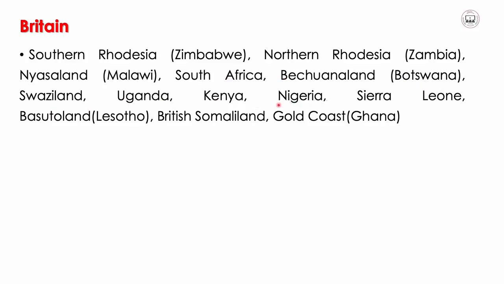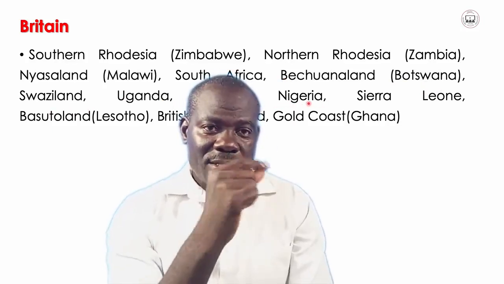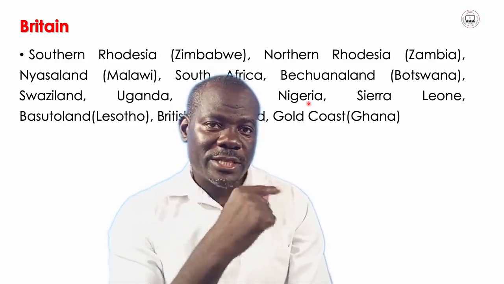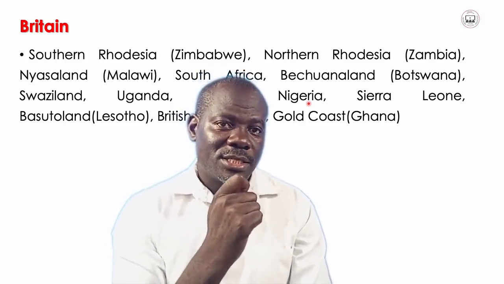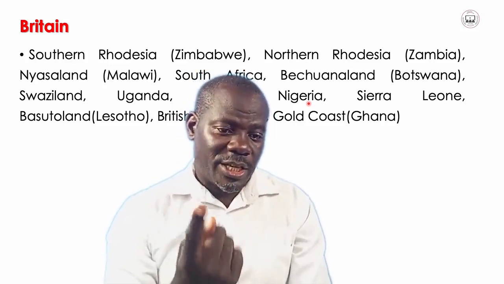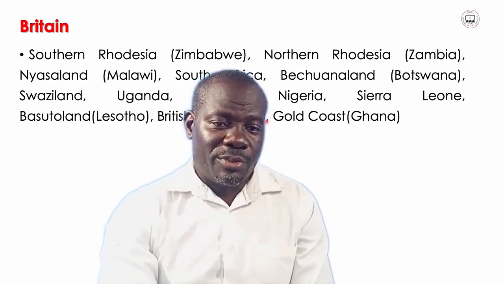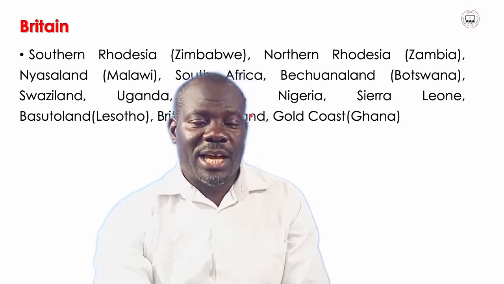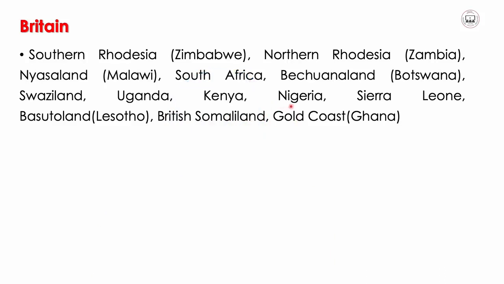So remember, here is Nigeria. That territory that was occupied by France, we said it's what? Niger. So there should be a difference between Niger and Nigeria. They are all in West Africa. So Nigeria went to Britain, Sierra Leone, Basutoland, which is Lesotho, British Somaliland, Gold Coast, which is now Ghana.